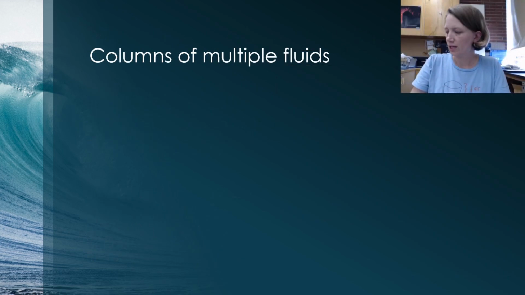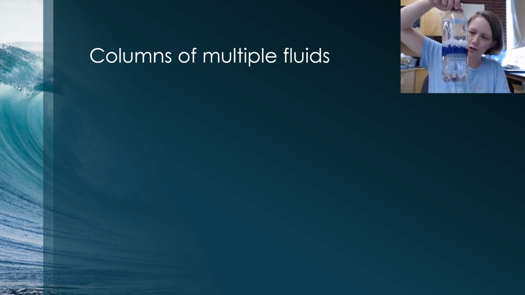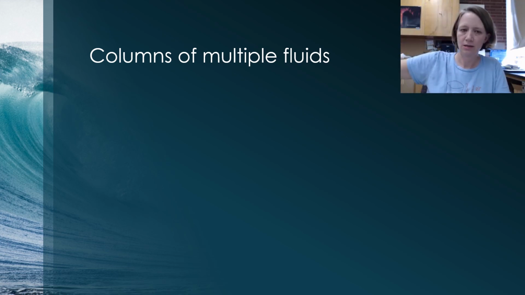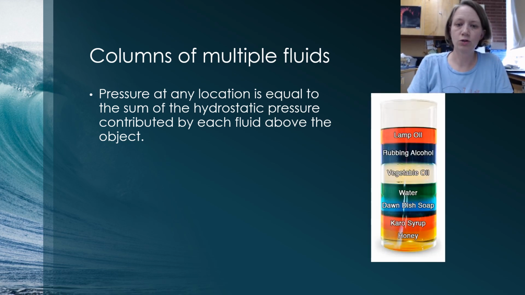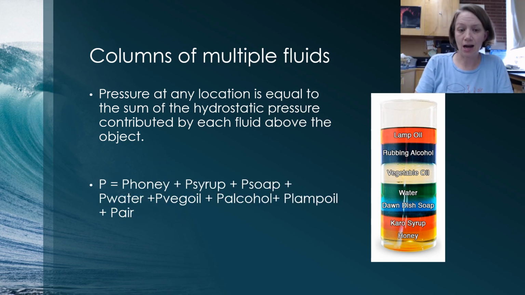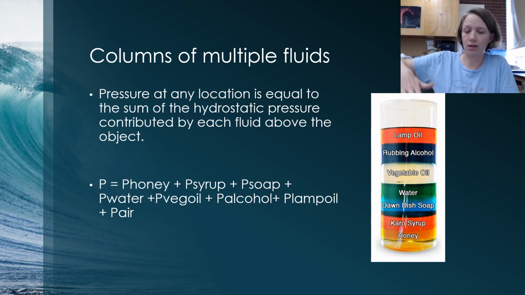So what if you have a container that has a bunch of different fluids in it? Like, for example, this one, which, I'll give you a little hint, has 2 different fluids plus 2 solids in it. Well, the pressure at any location in that column is going to be equal to the sum of the hydrostatic pressure contributed by each fluid above the object. That means you can just add up the pressure of everything above you to figure out how much pressure is acting on you.